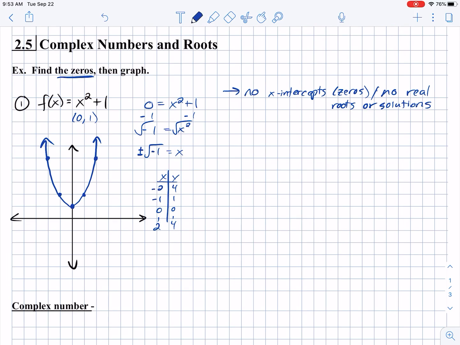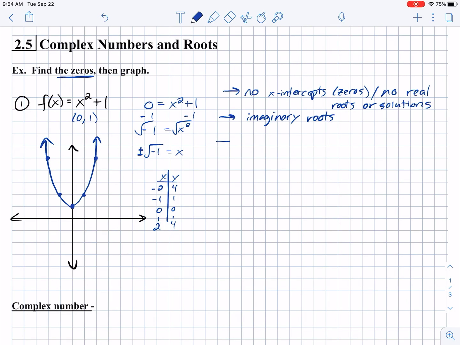Okay, so instead, we call these imaginary roots. We don't just stop and say, okay, there's nothing we can solve for here. Instead, we have something called imaginary roots. And those imaginary roots are roots when the quadratic function does not cross the x-axis, okay?